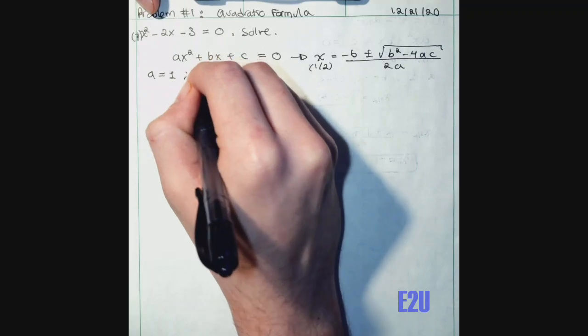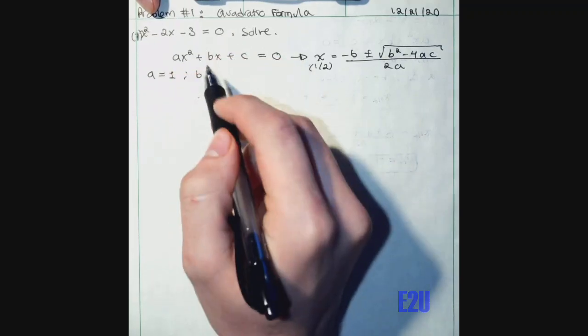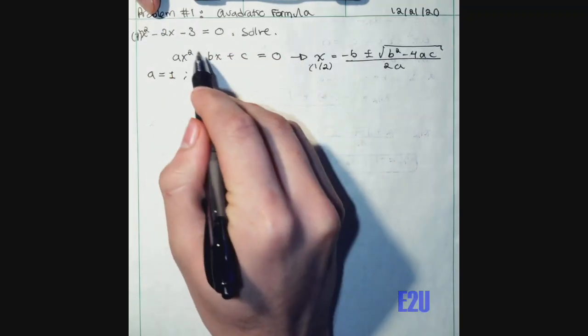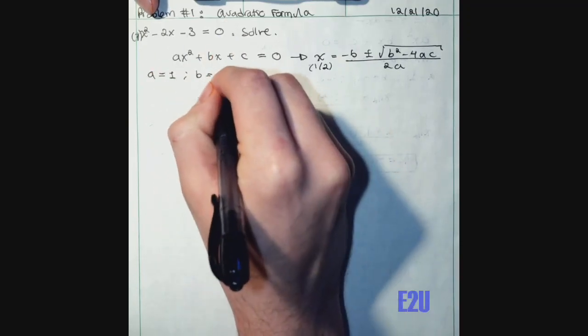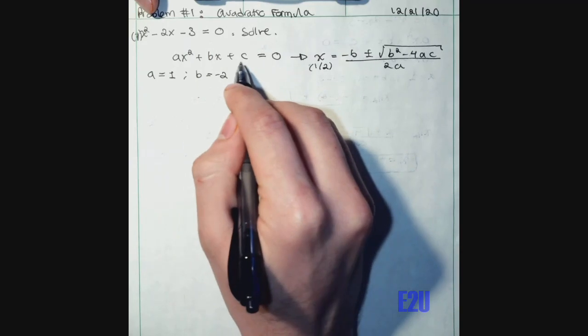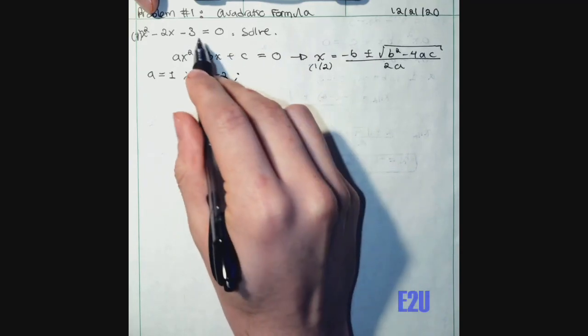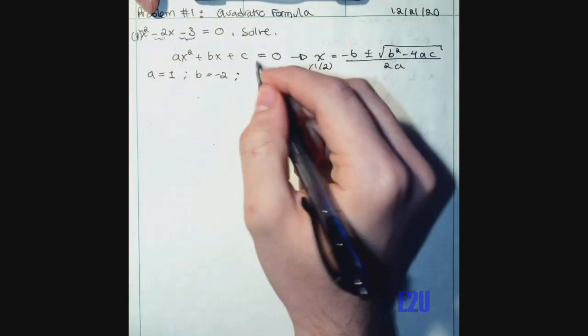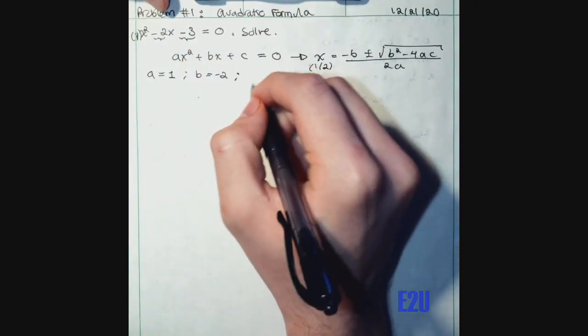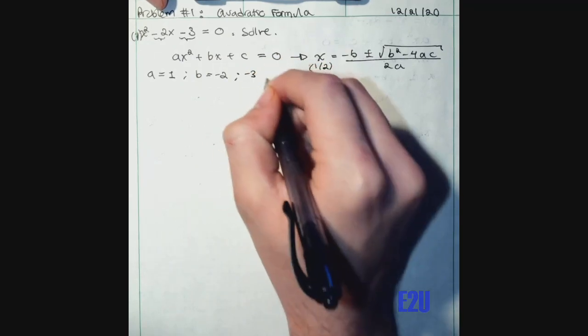Our b, this term, represents negative 2. And c, in the same way, is negative 3. You only care for the coefficients.